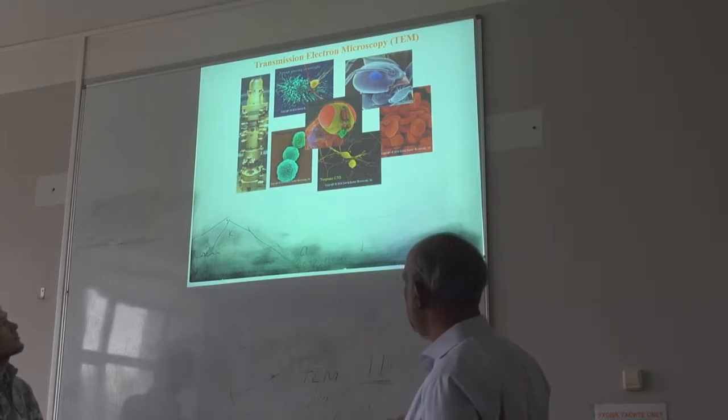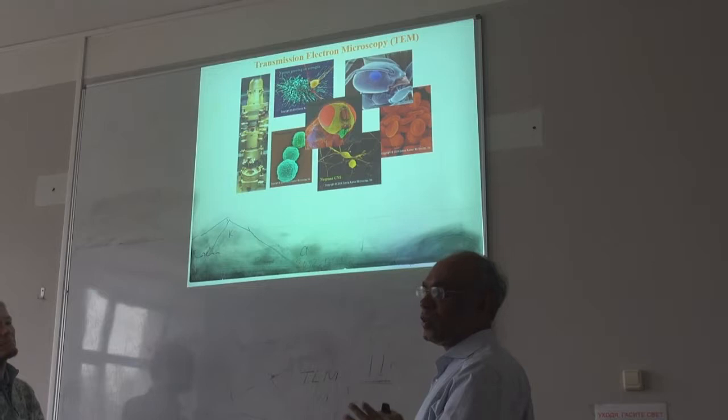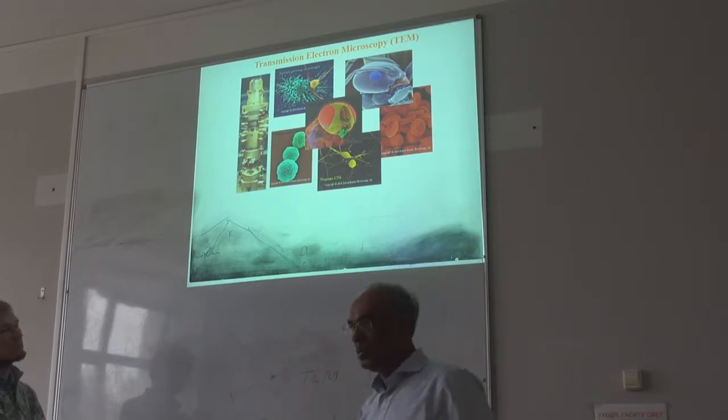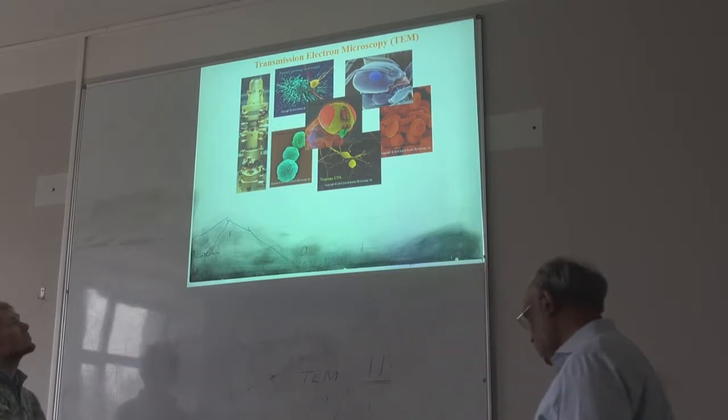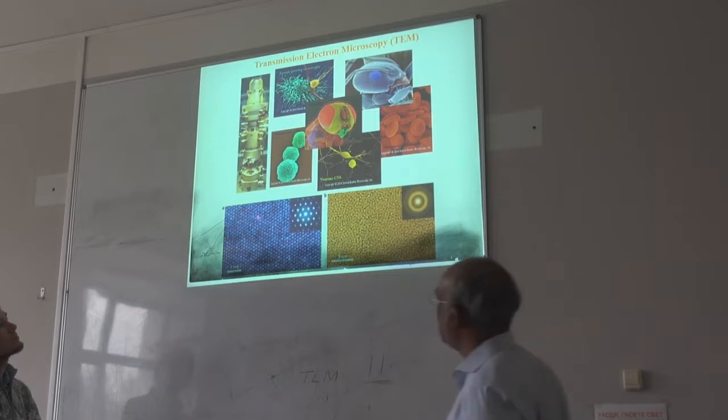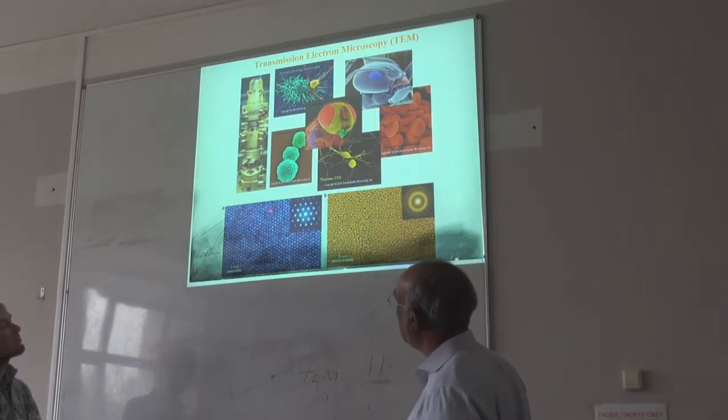These are some of the features you can see from a transmission electron microscope. They are not high resolution, but there are very high resolution TEMs. That's what we have on our campus. With that one, you can see even atoms like that. You can see this is some crystalline material, with individual atoms.